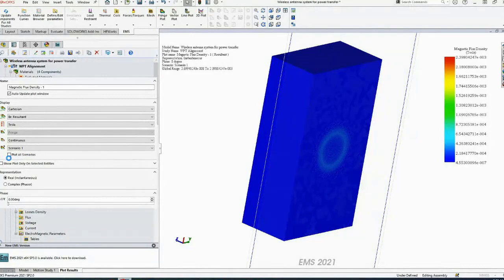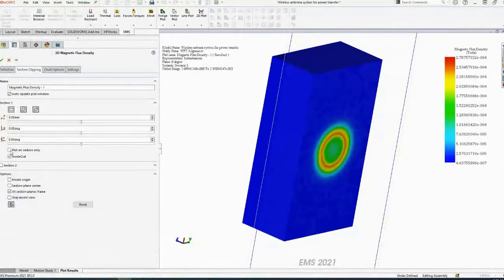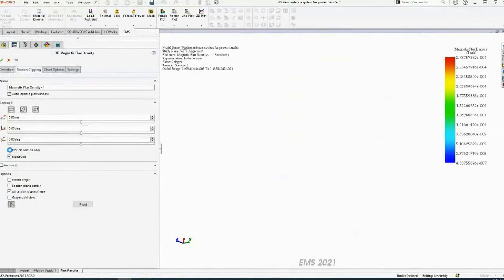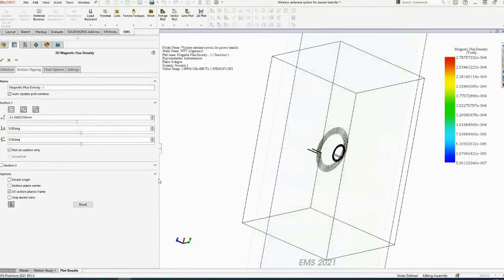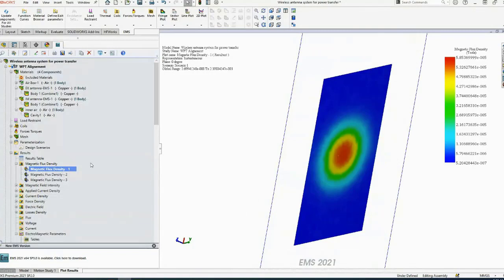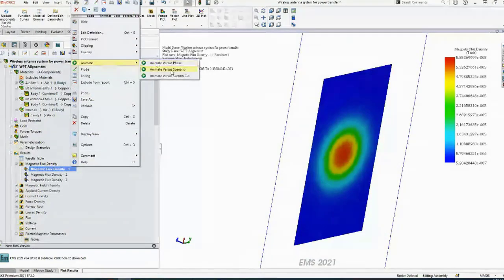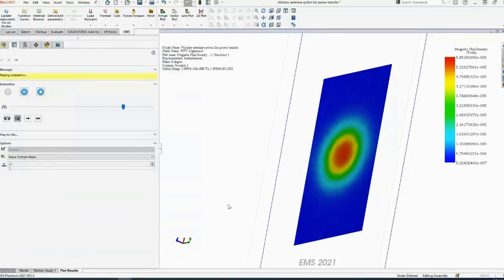There's so much data, that's why it's taking a little bit of time. All right, there you go. You can plot in section only. And then, as you can see, I can see my magnetic flux density, where I can also animate it as a function of the cut, if I want to see different cuts.